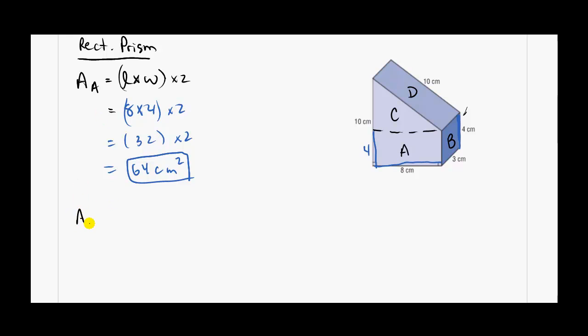Side B is a 3 by 4, and there are two side B's. The right, and then in behind we could consider the left. 24 square centimeters.